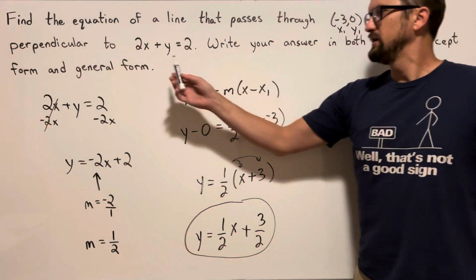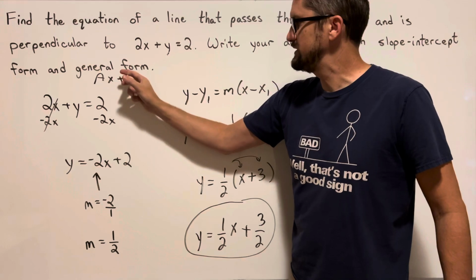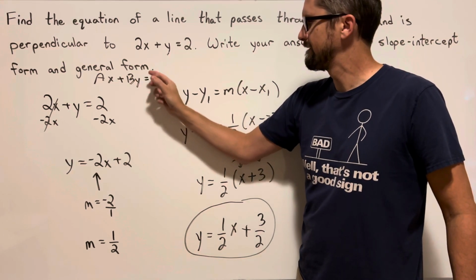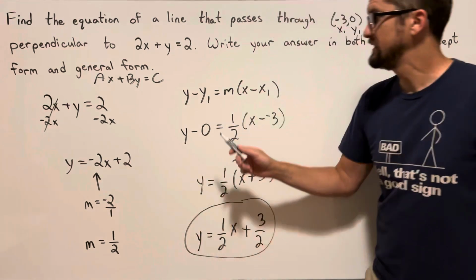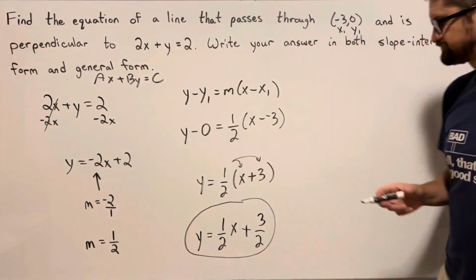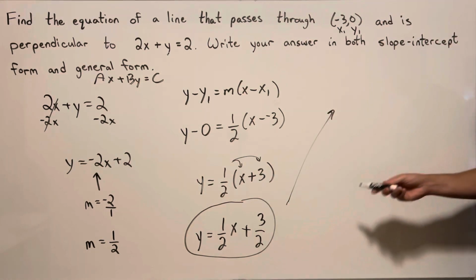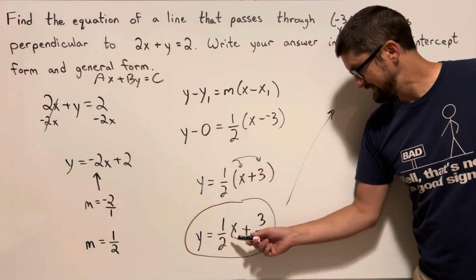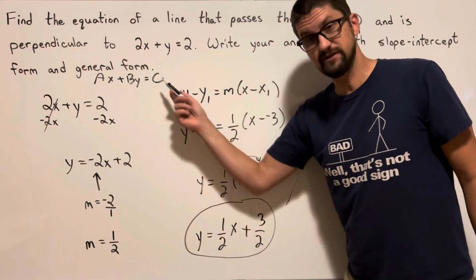General form is when it looks like ax + by = c, where the x and y terms are on the same side on the left and c represents a number. So what I can do there, I can start from here. First thing is usually these do not have fractions in them, the a, b, and c.